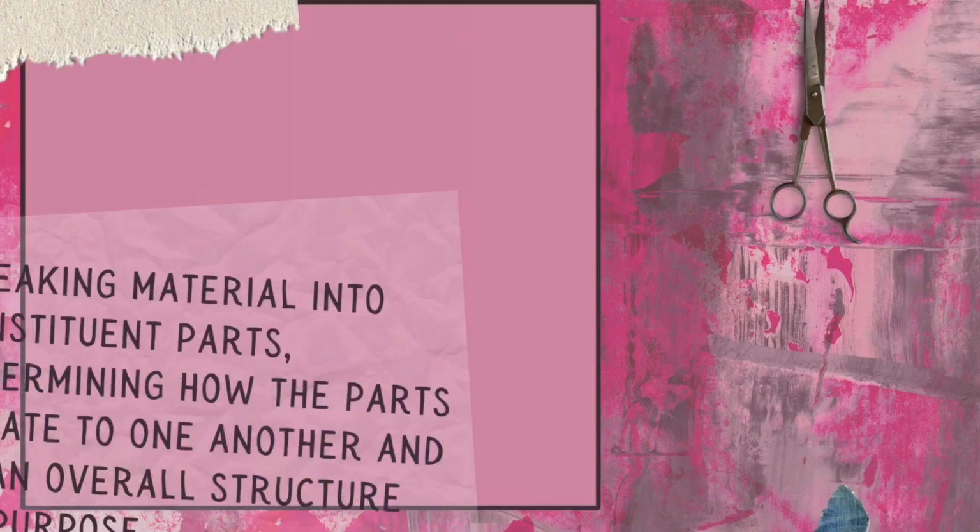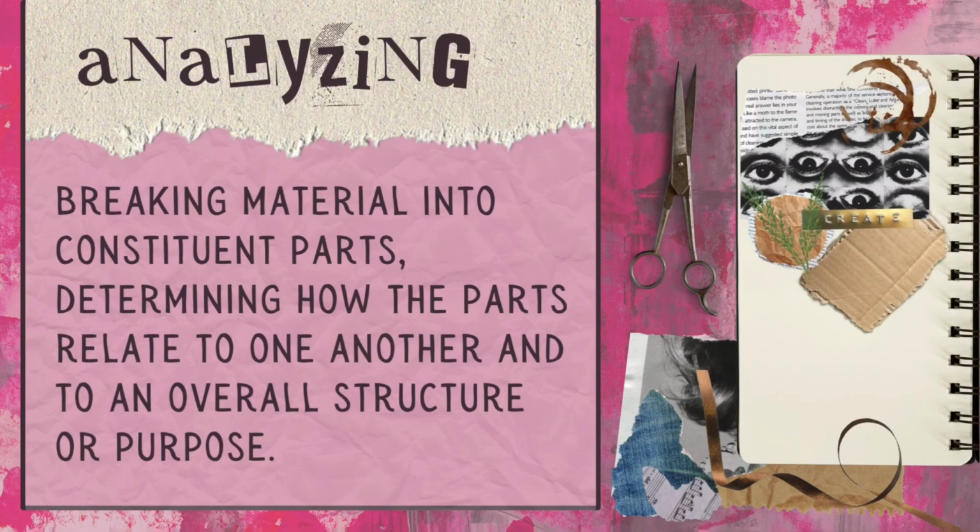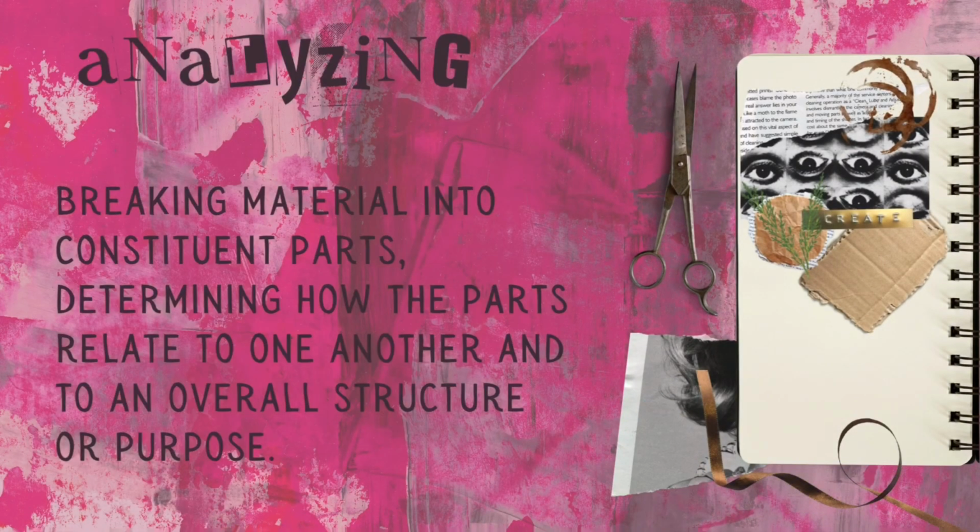Next level will be analyzing. It is when breaking materials into constituent parts, determining how the parts relate to one another and to an overall structure or purpose. So here, meaning to say, we are differentiating, organizing, or attributing.